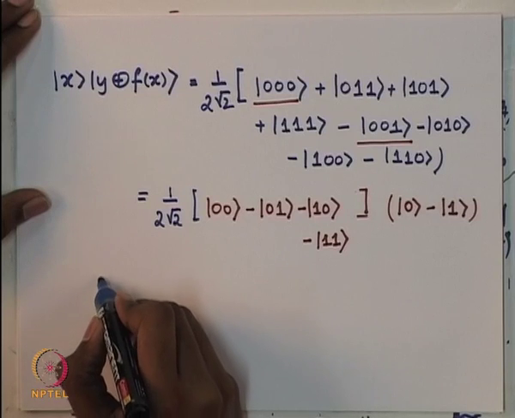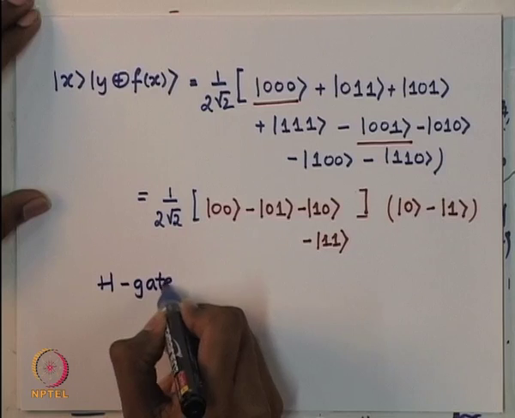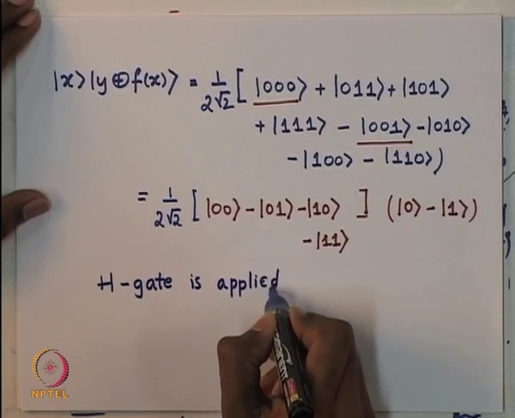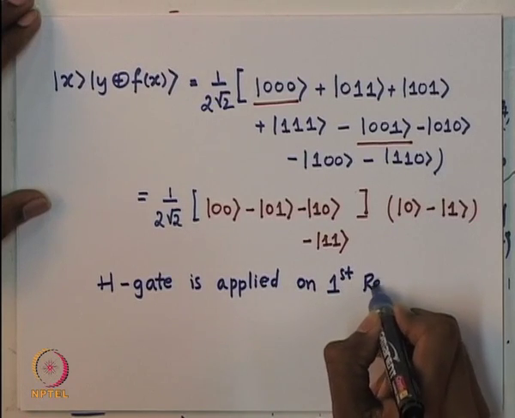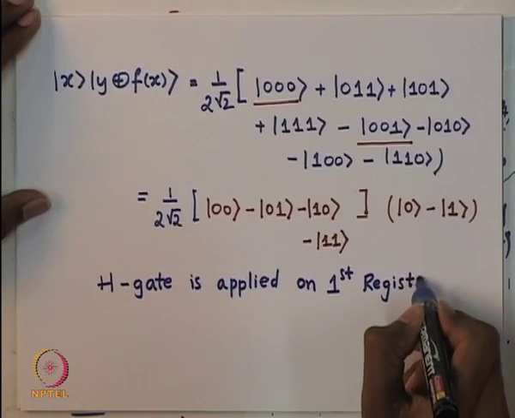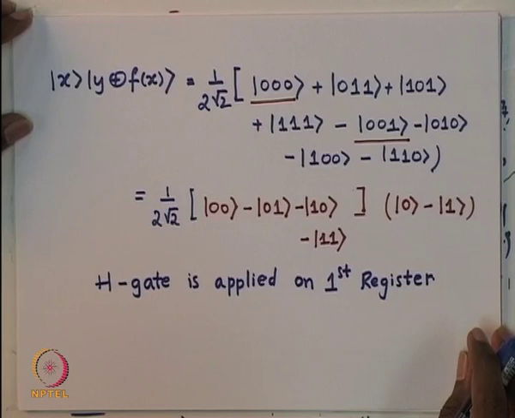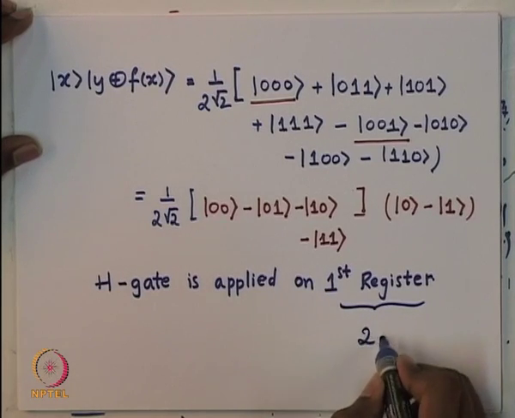And now the Hadamard gate is applied on the first register, but the first register is 2 qubits.